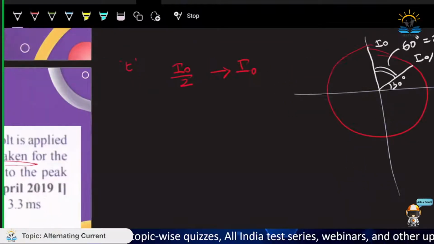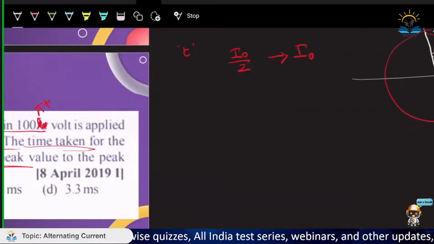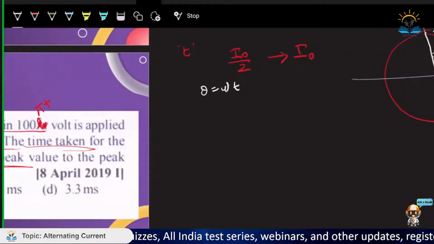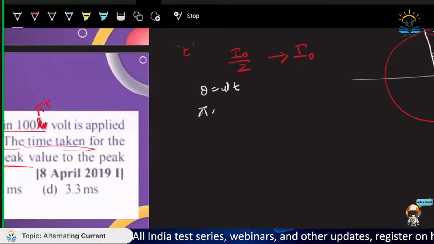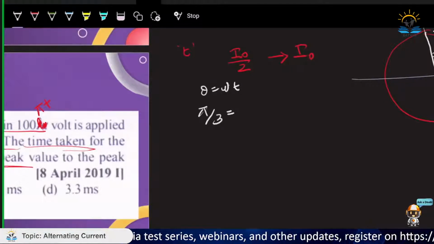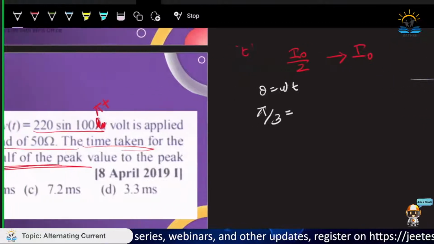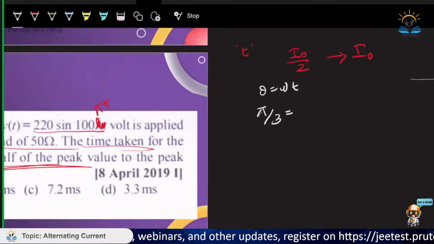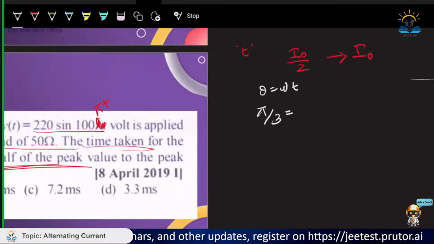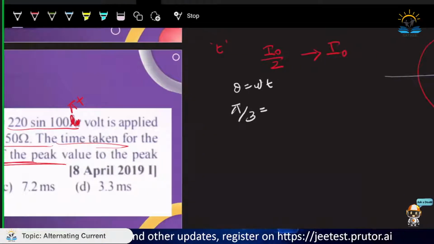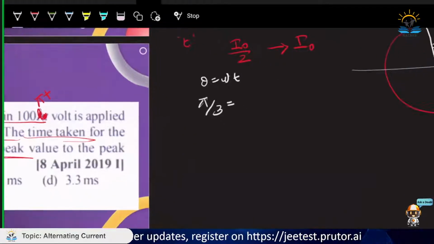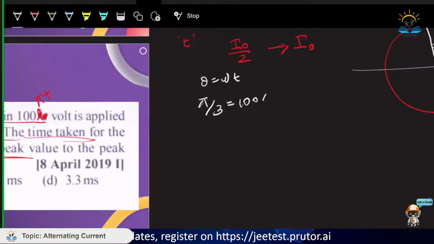So simple, right? We know that theta equal to omega t. Here theta is pi by 3, which is equal to omega t. Omega is 100 pi, so 100 pi into t.